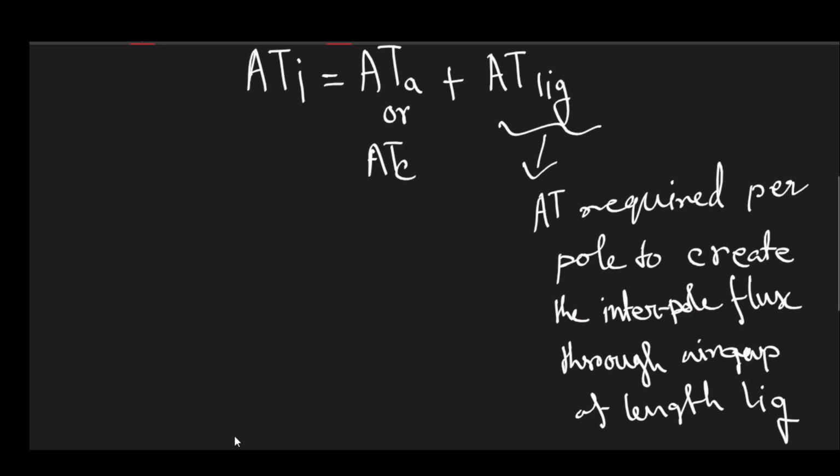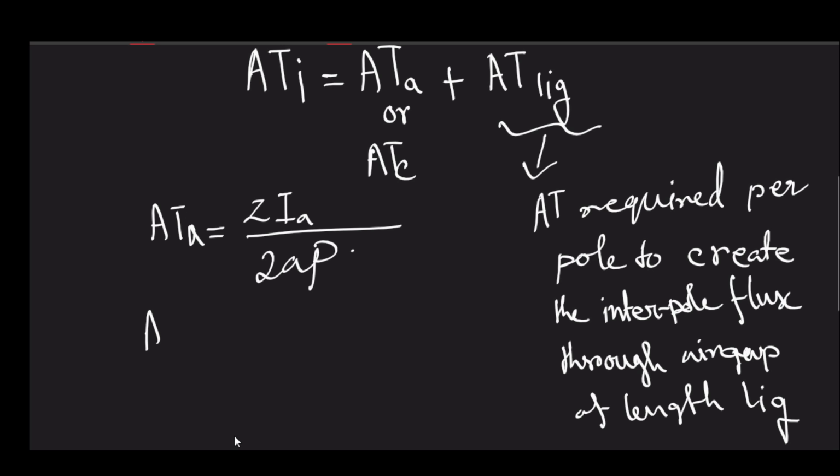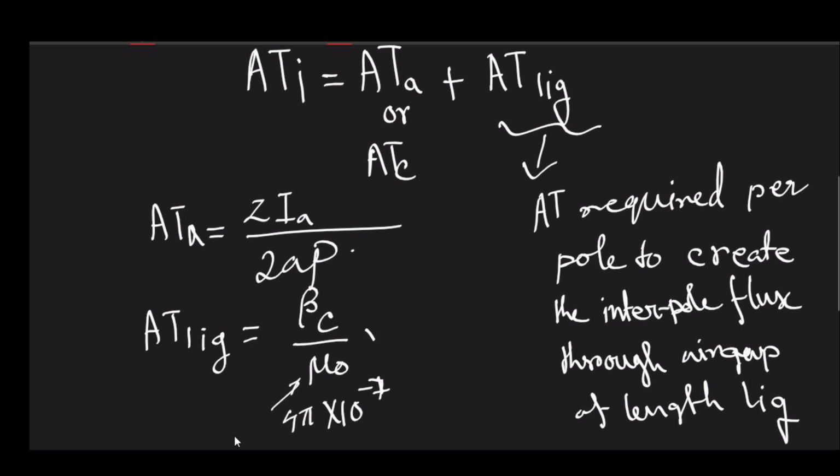What we know is that ATA is ATLIG, which is beta C by mu naught, where mu naught is 4 pi into 10 to the power minus 7, into LIG into KIG.